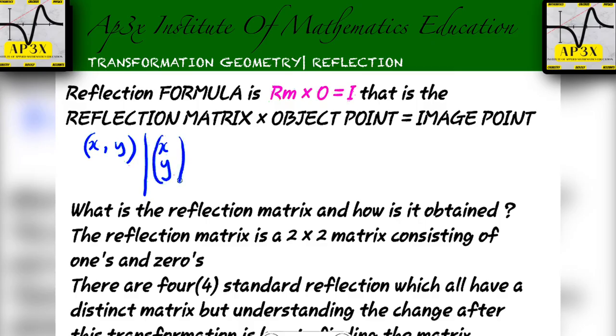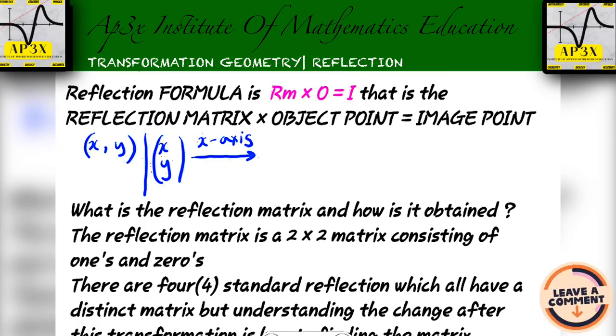And so (x, y) is going to be sent through a reflection across the x-axis. What happens to the point after it gets reflected is that the x coordinate is going to remain what it is, but the y coordinate is going to change.